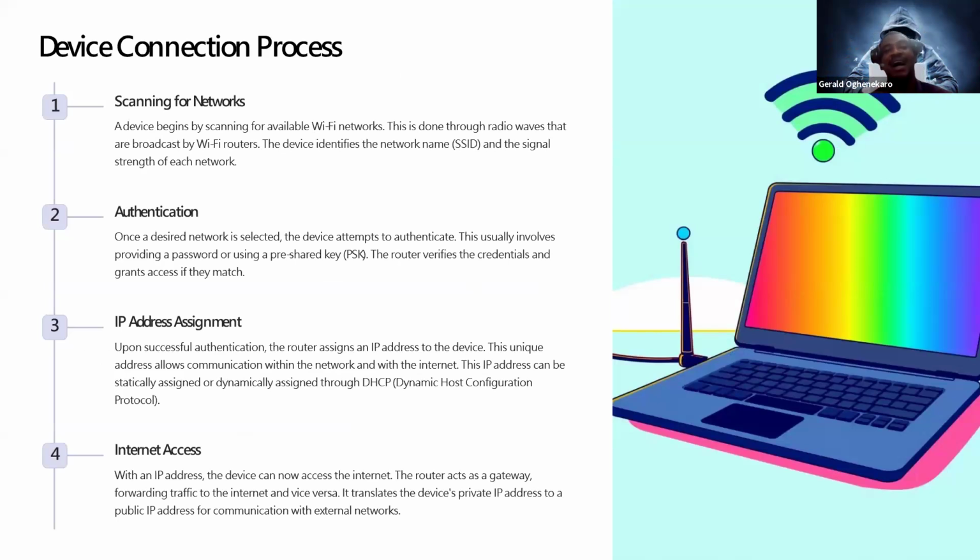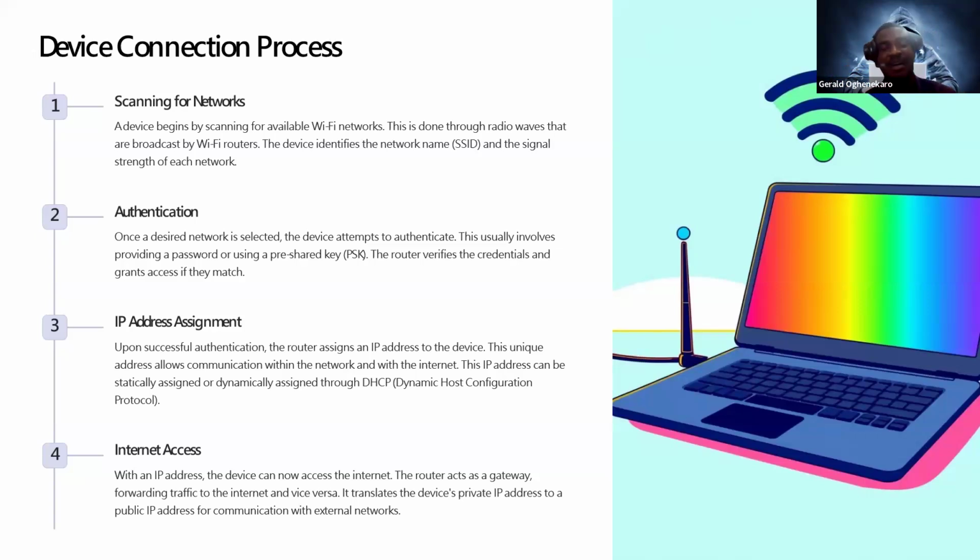You pick it up and you scan your environment to identify available access points to connect to. After that, you authenticate with a PSK, that's the pre-shared key, which is the password. If you're authorized to connect to that access point, you have the password already. So you authenticate to the access point.